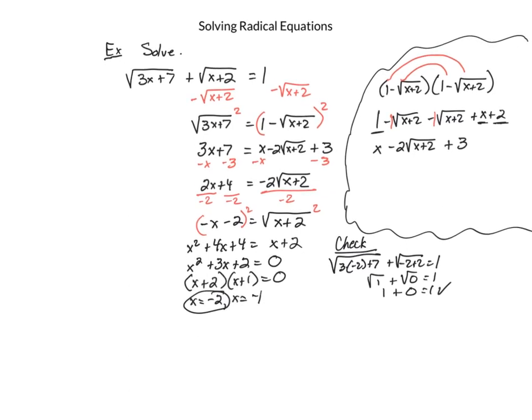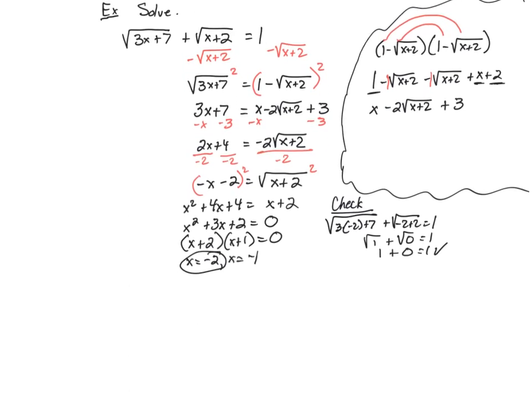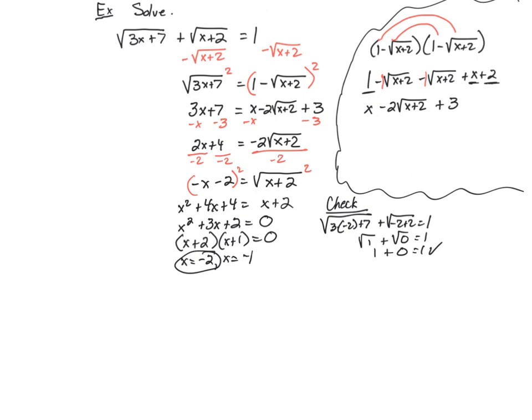And how about negative 1? I've got to slide this up a little bit. We'll check it. Square root of 3 times negative 1 plus 7 plus the square root of negative 1 plus 2. We're seeing if that equals 1. That gives us the square root of 4 plus the square root of 1 equals 1. That's 2 plus 1 equals 1.